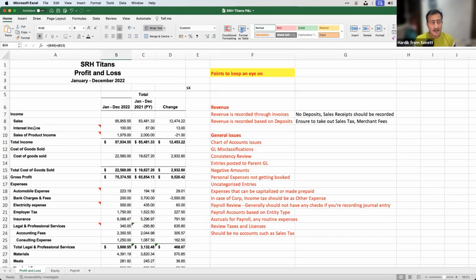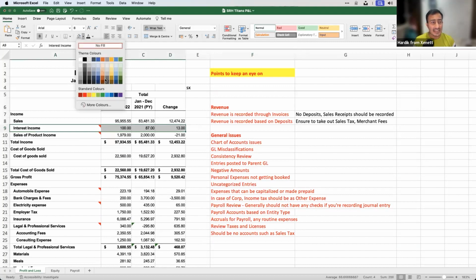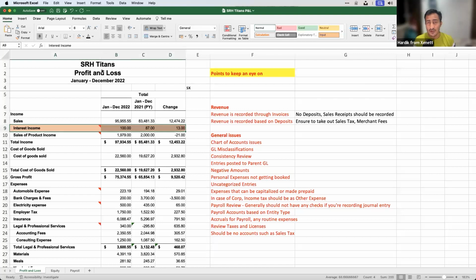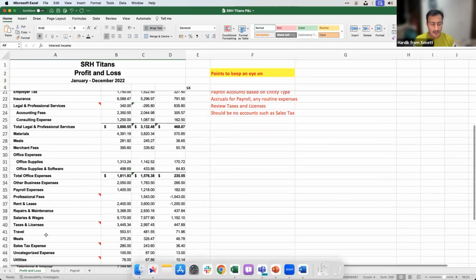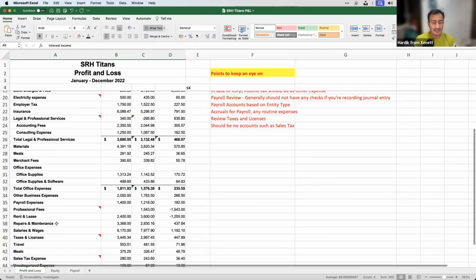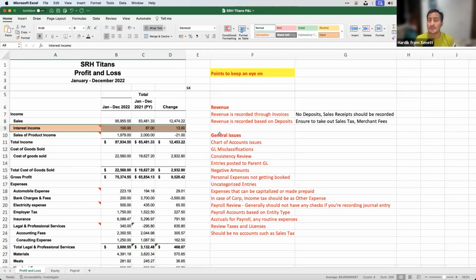So, for example, this is the most common mistake that we have seen, like people have an interest income account here. Now, this is not a business income, and this account should not stay here. We should have this account as other income, right? So again, these are chart of account issues that we have to keep an eye on whenever we are reviewing the profit and loss statement, right?